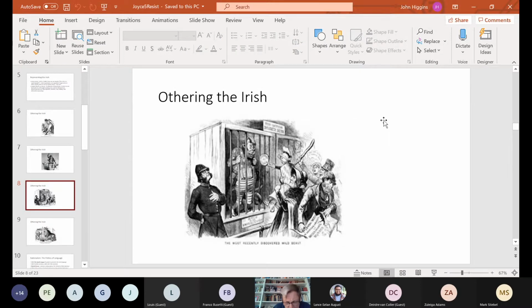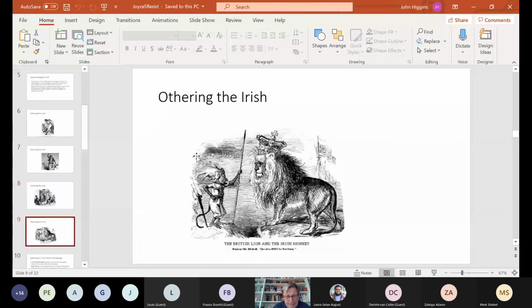And we have the most recently discovered wild beast on show, which is an Irishman. And summing up the colonialist violence of the stereotypes, a lovely cartoon showing the British lion and the Irish monkey.